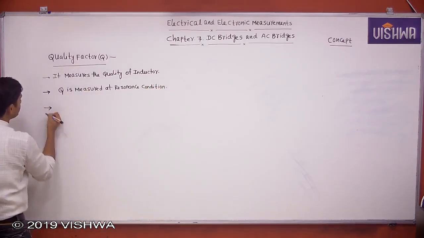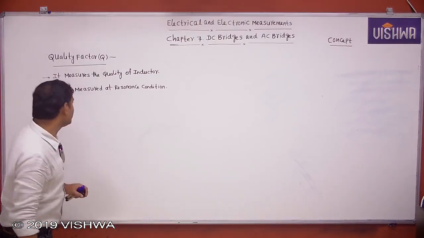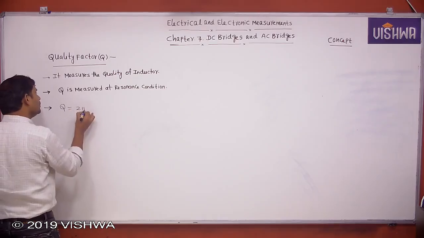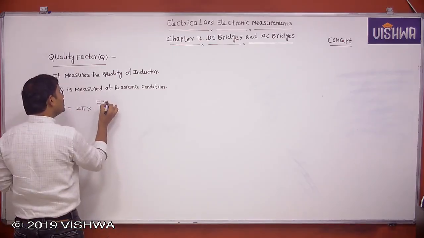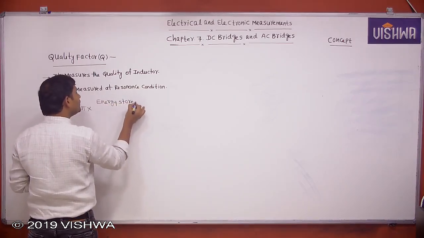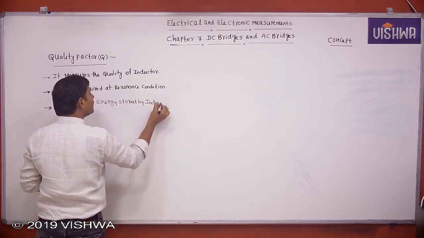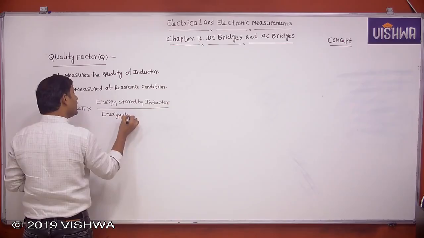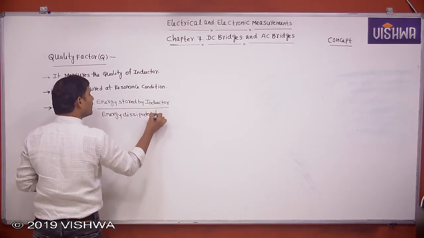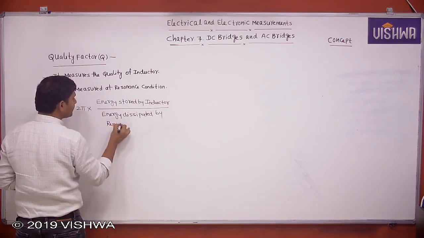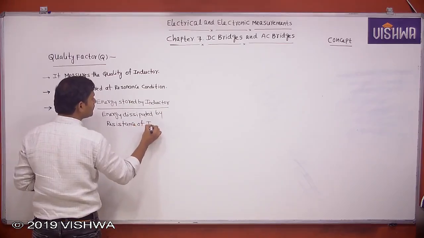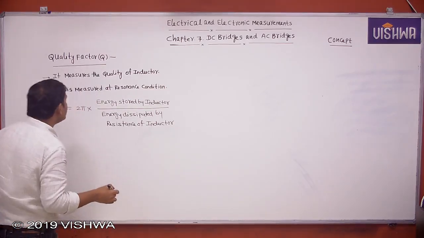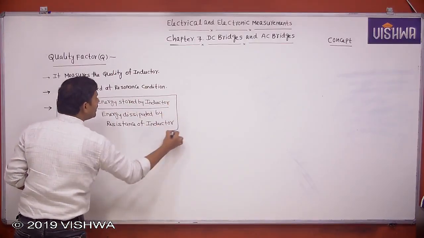Then the fundamental formula for quality factor: Q equals 2 pi into energy stored by inductor divided by energy dissipated by the resistance of inductor. This is the fundamental formula for quality factor.